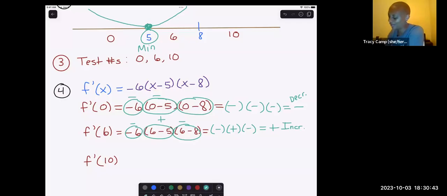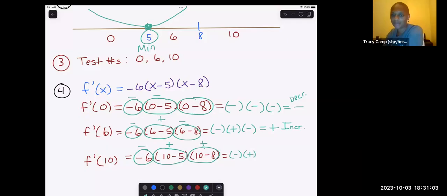Now I'll plug in my 10. I have -6 times 10 minus 5 times 10 minus 8. Again, I don't care what the values are. I know -6 is negative, 10 minus 5 is positive, and 10 minus 8 is positive. So I have a negative times a positive, which is negative, and then times another positive, which is still negative.